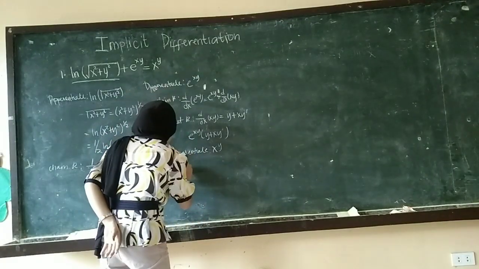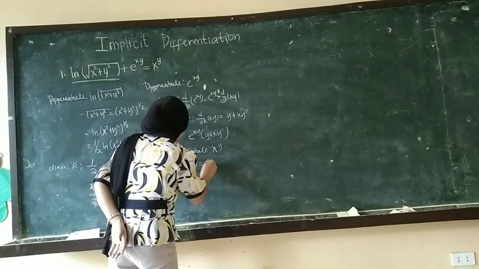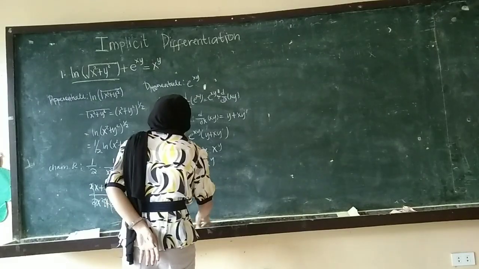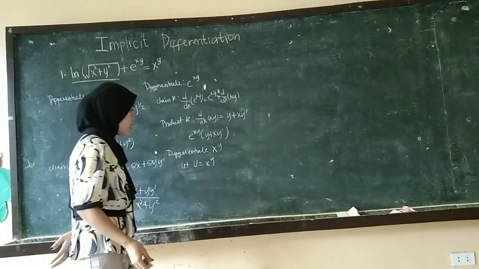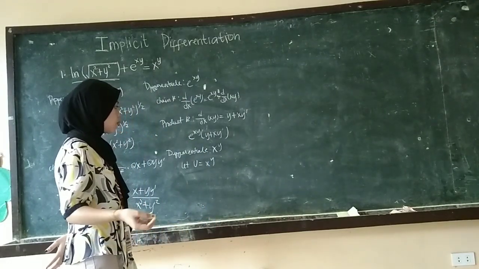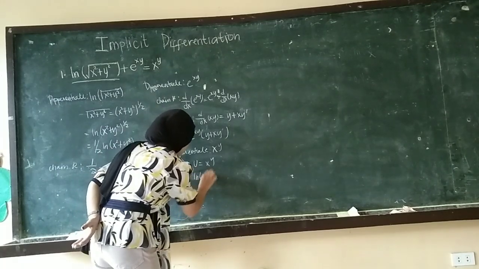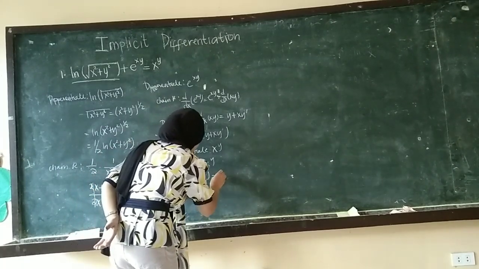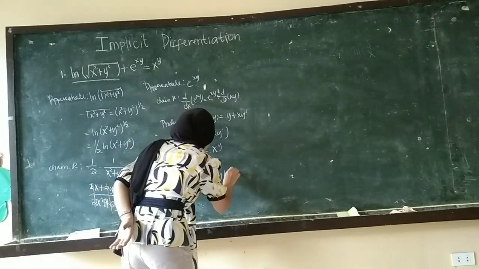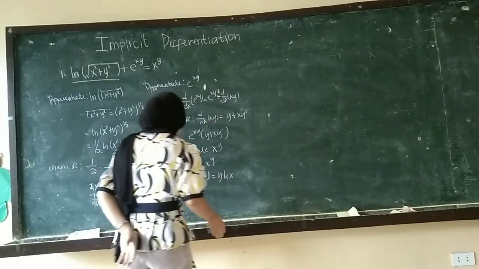So let u be equal to x raised to the power of y. We are going to take ln of both sides. So it will be ln u is equal to y ln x.